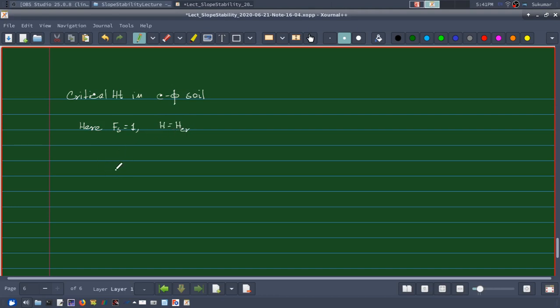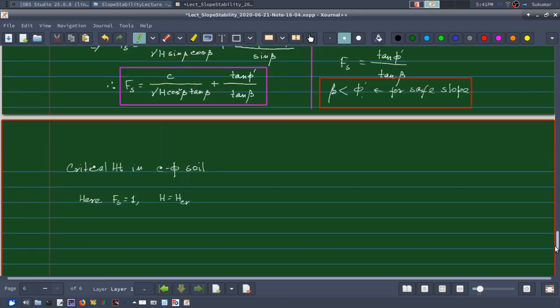In that case, from the expression of this factor of safety, I can get this thing equal to 1, and therefore I will get gamma H critical into this thing, I can write sin beta cos beta.